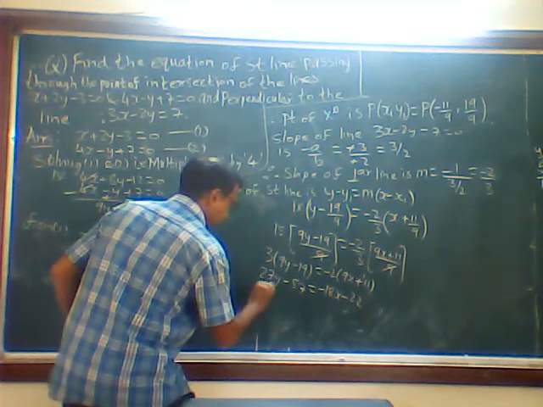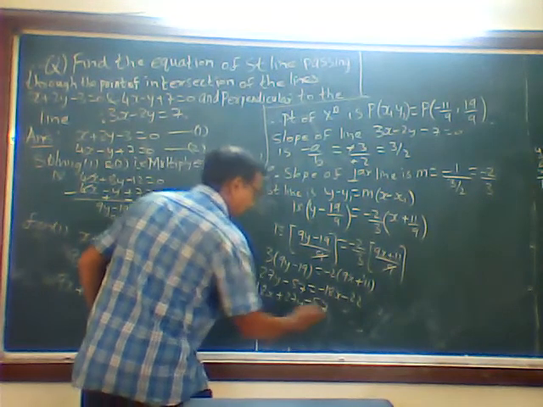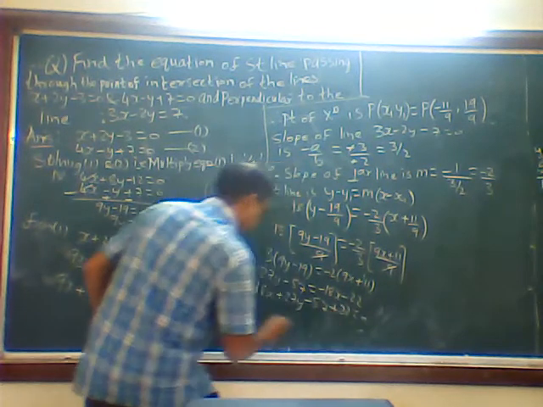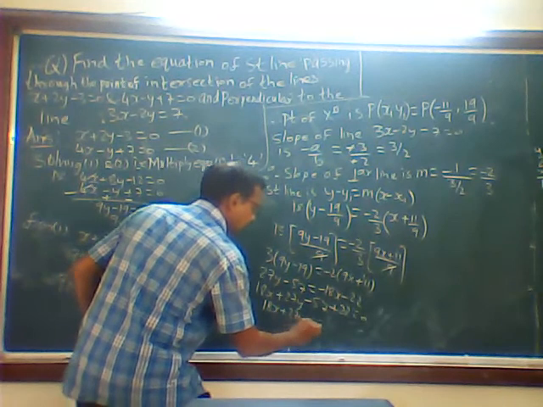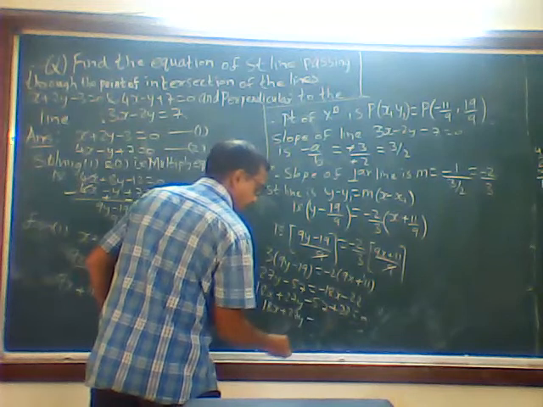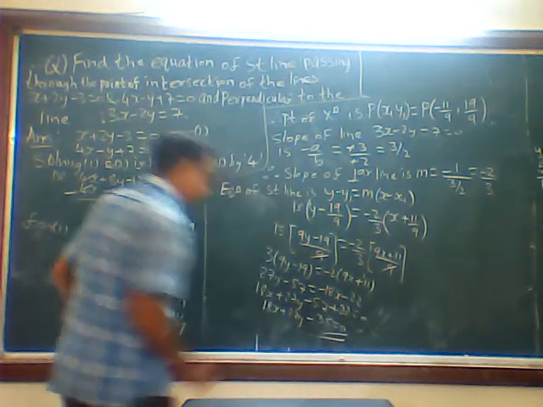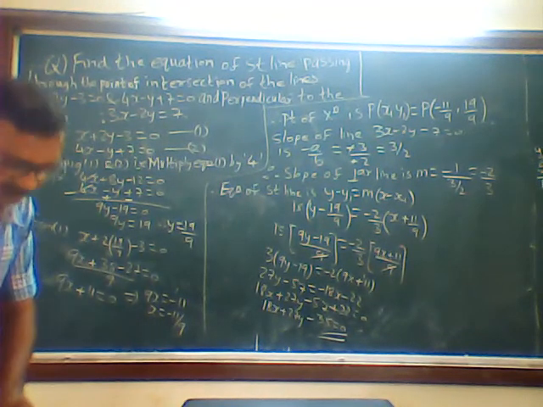Minus 18x will come this side: 18x plus 27y minus 57 plus 22 is equal to 0, which gives 18x plus 27y minus 35.